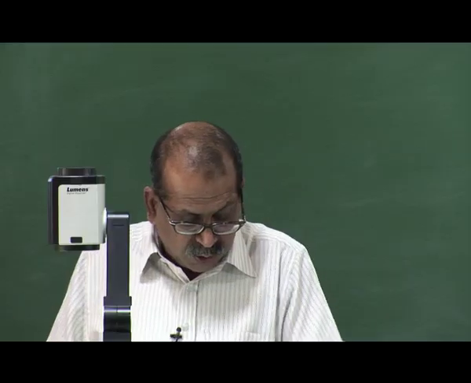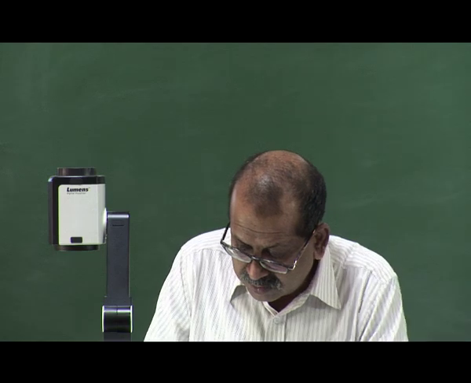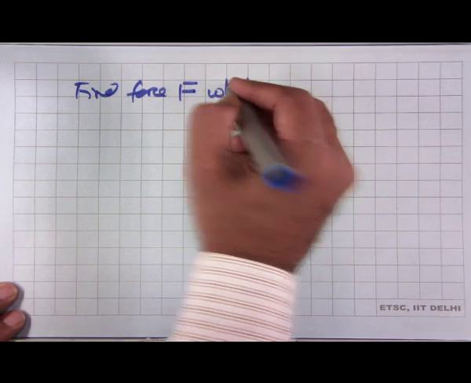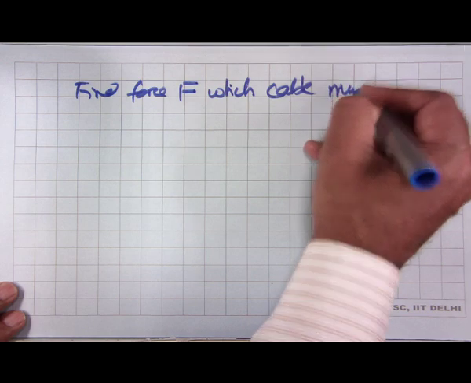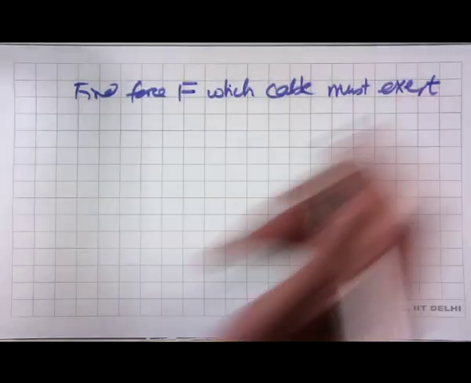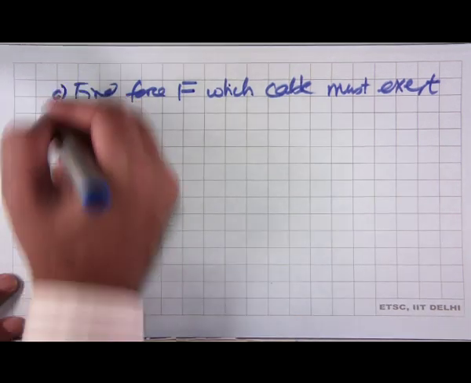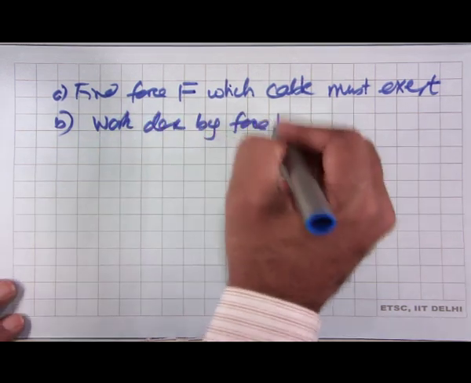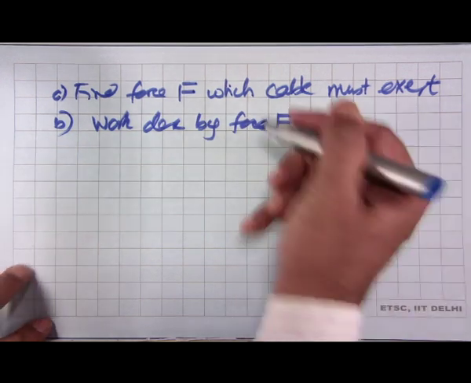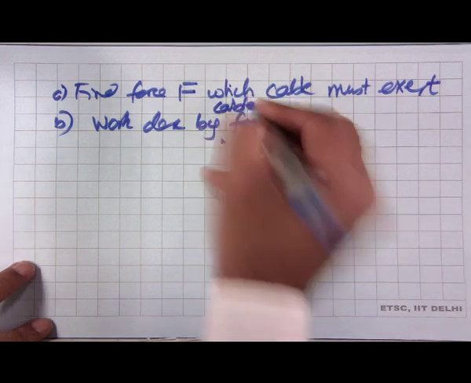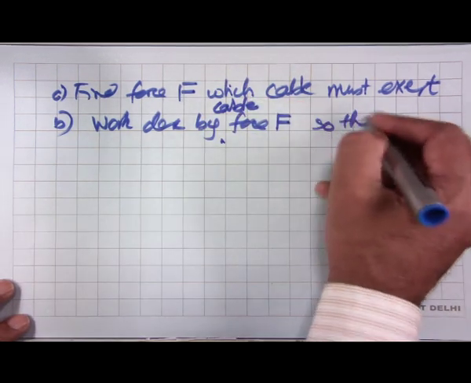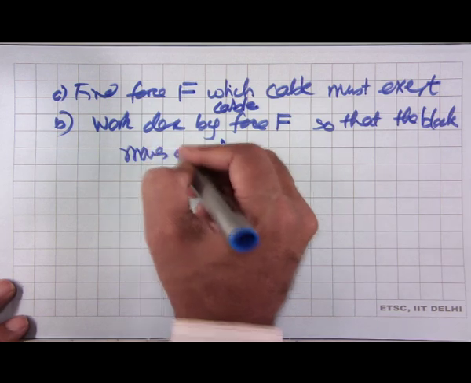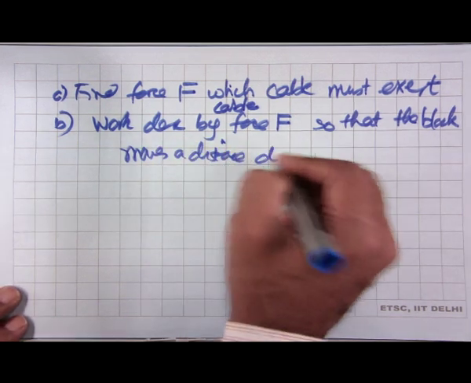And we want to find the force F which the cable must exert, and the work done by the cable force F, so that the block moves a distance d.